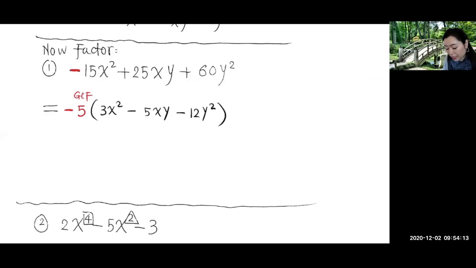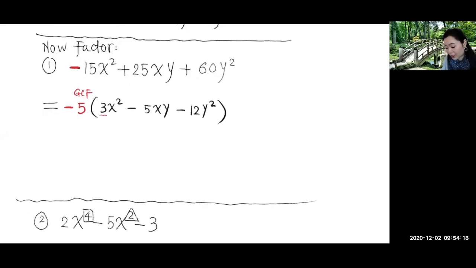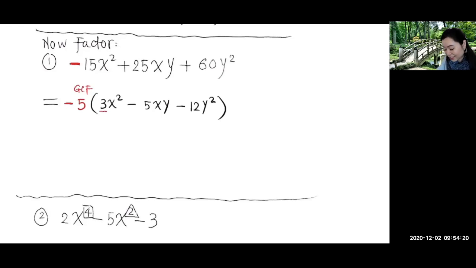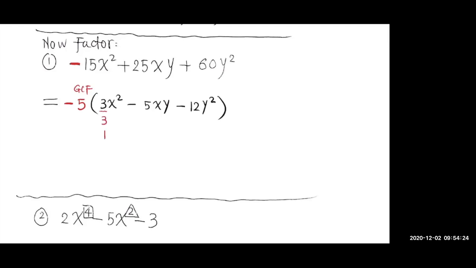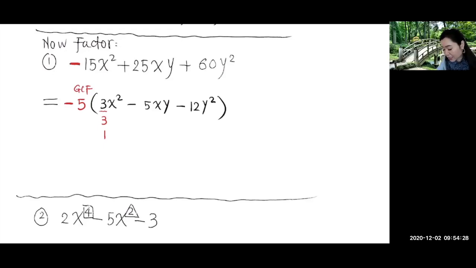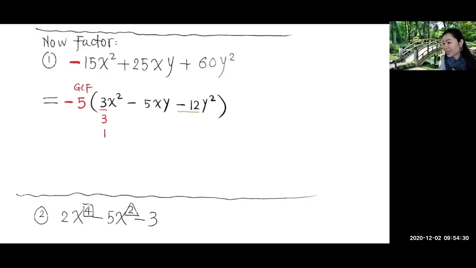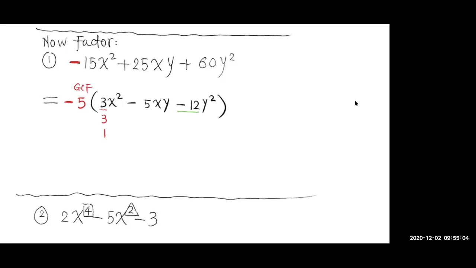So to factor this, you can try to factor this 3 here. How would you like to factor this 3? Someone says 3 times 1, right? It's a prime number. It can only be 1 times itself, right? And then now you can try to factor this -12. Okay, how would you like to factor -12? Louder, please. -6 and 2.